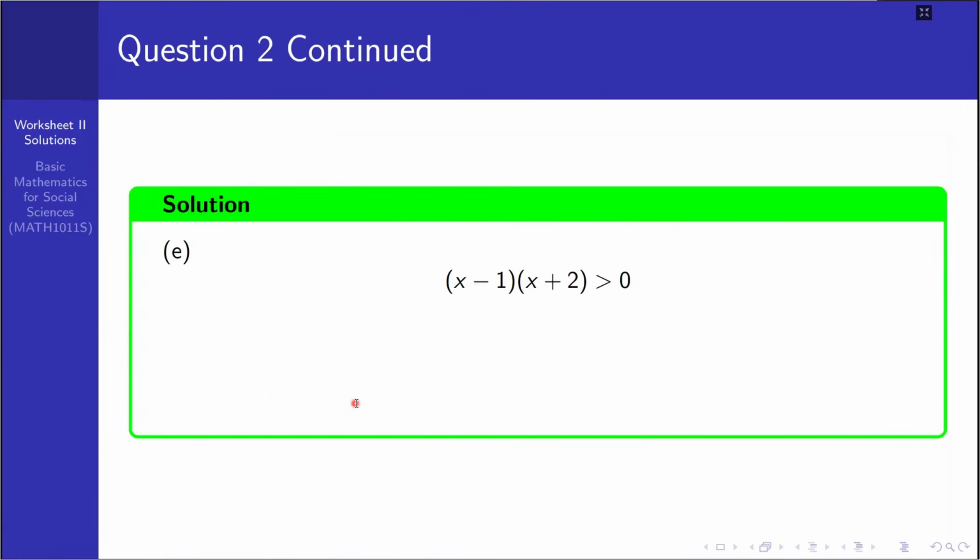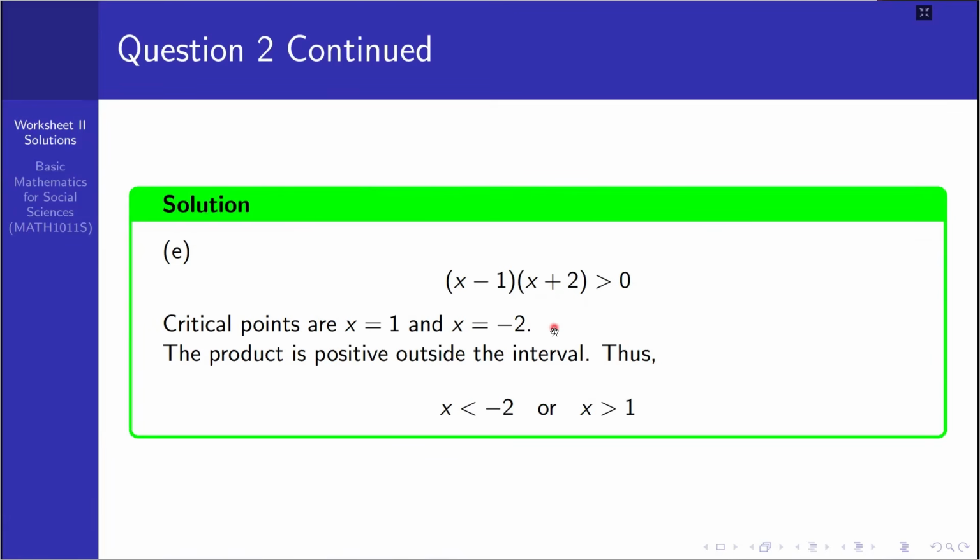Okay, I think this is already in its factorized form. Therefore, this could be positive. The critical points are x equal to 1 and x equal to -2, that is, the zeros of the linear factors of the given quadratic inequality.